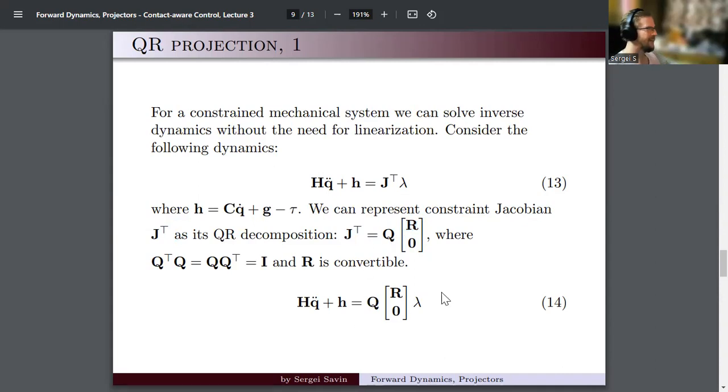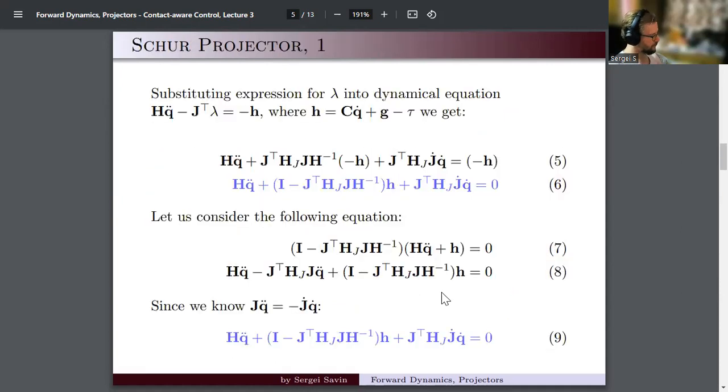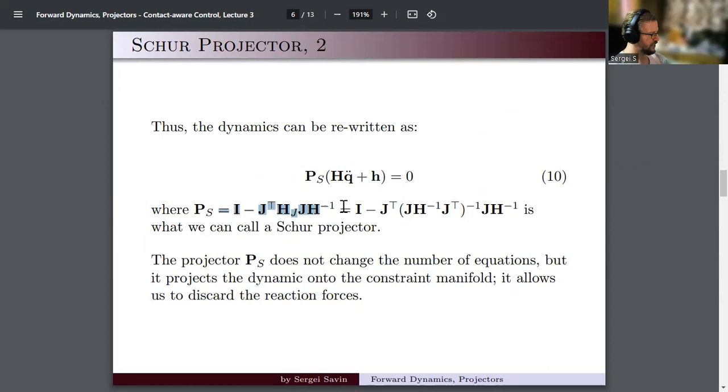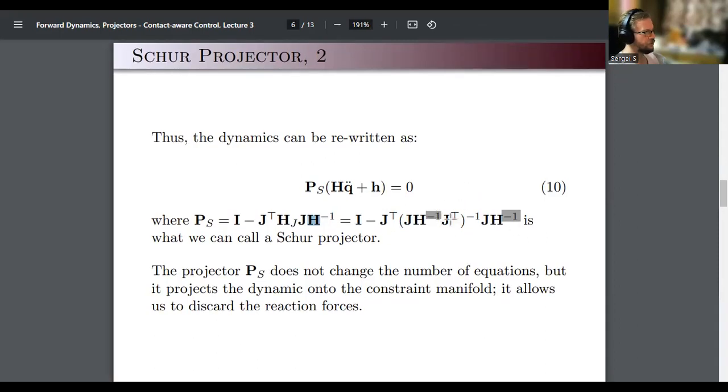Whereas here, if you look at this guy, what is interesting is that it requires three inverses, right? One inverse performed twice. You can store it in memory, so it's not a problem. But this matrix can be big, so the inverse of this matrix is a not optimal thing to do.